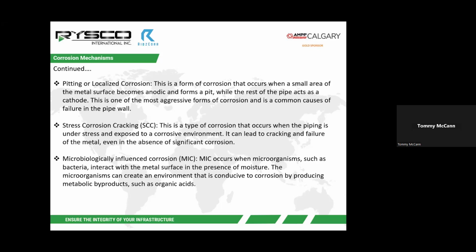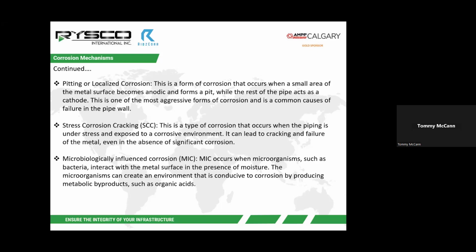So MIC occurs when you have these bacteria, which I mentioned previously, which go from being planktonic, which is free flowing within the system, to a sessile environment where they adhere to the pipe wall, especially if there's moisture.